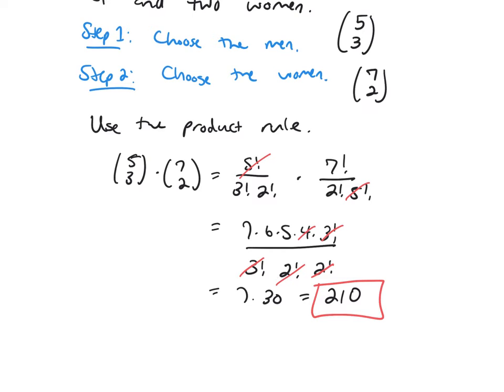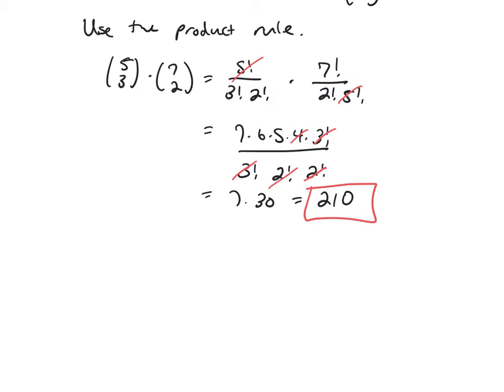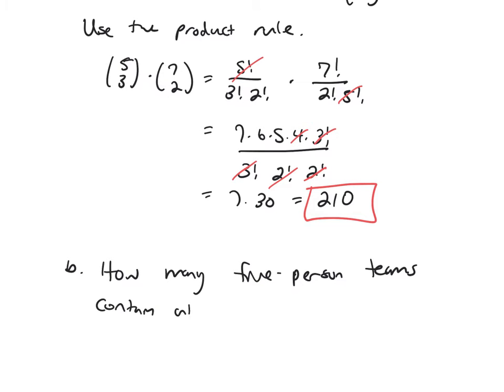So now let's look at part B of this question. How many five-person teams contain at least 1 man? Remember, when we say at least, that means one man or more.